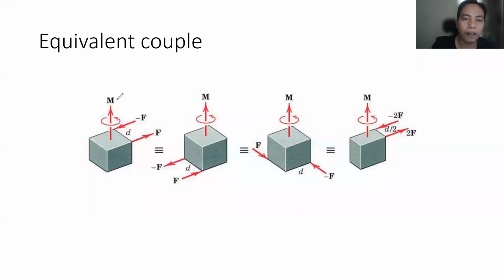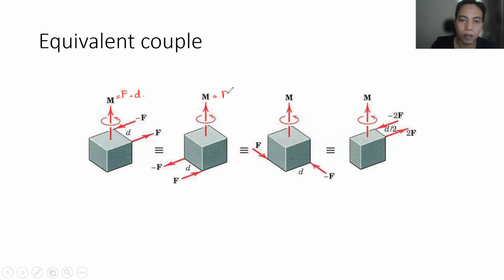All of them have the couple moment of F times d, disregarding the location of the force given. So for the first block, we apply the couple at the top surface. We can obtain a similar effect, the similar condition.